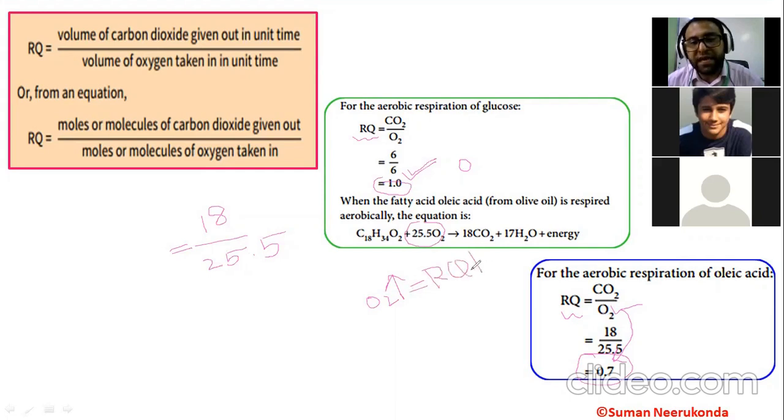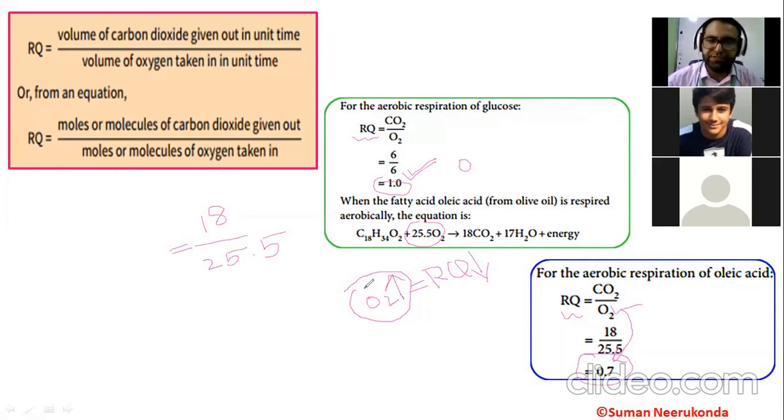And why is this happening? Because the fatty acid structure is a bit complicated, with more oxidation, and initially we need more oxygen to convert that fatty acid into acetyl CoA. So the respiration of fatty acid needs a bit more oxygen compared to glucose.